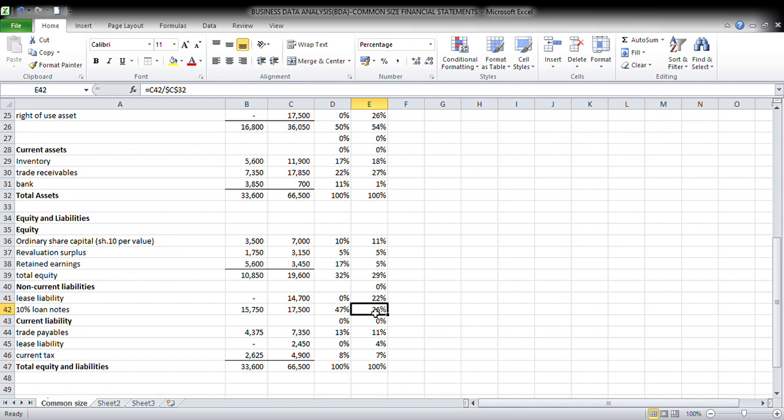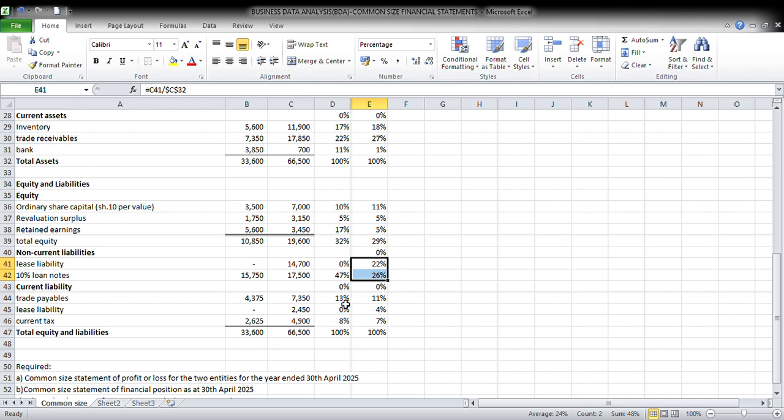So in terms of current liability, company A has these two, 22 plus 26, 48, 47. So company B has more liabilities. So the more the liability, the riskier the company is. So in terms of liability, company A is still better.